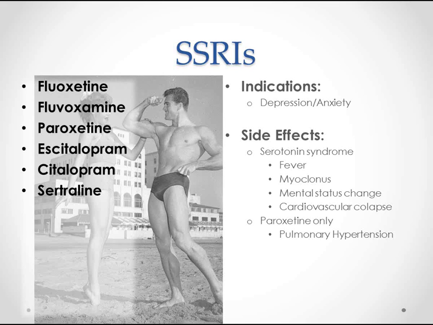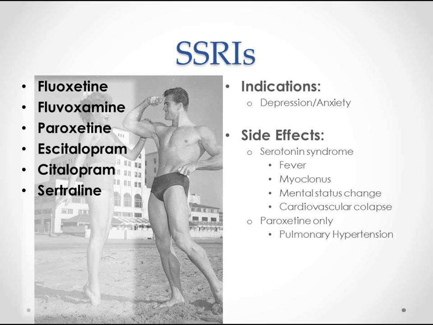So you're going to have somebody show up at the emergency room with fever, myoclonus, mental status changes, and they may be having some cardiovascular issues. And a lot of times in the scenario, you're going to have an SSRI on board, but also maybe an MAOI, which nobody really does.